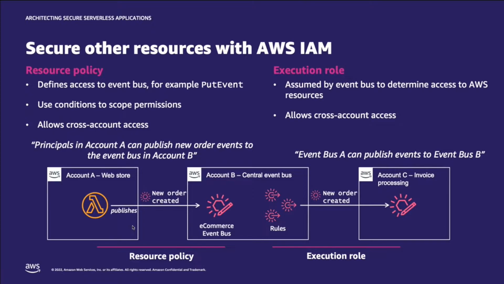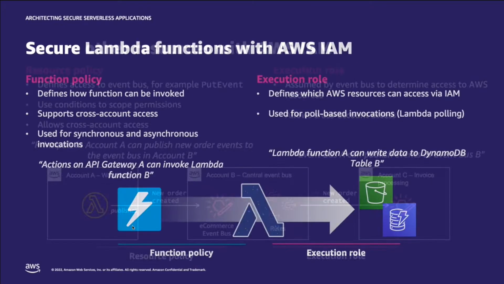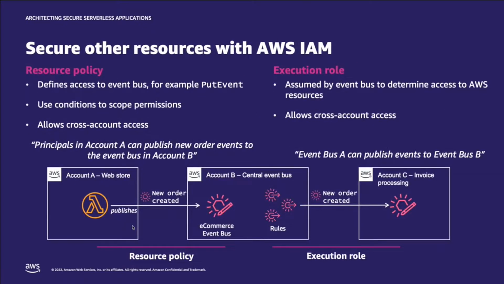So basically, when it comes to IAM, these are the things we need to have in mind: execution role, resource policy, and also the function policy, right? These are the things we need to remember, what their purpose is and what they are made for.